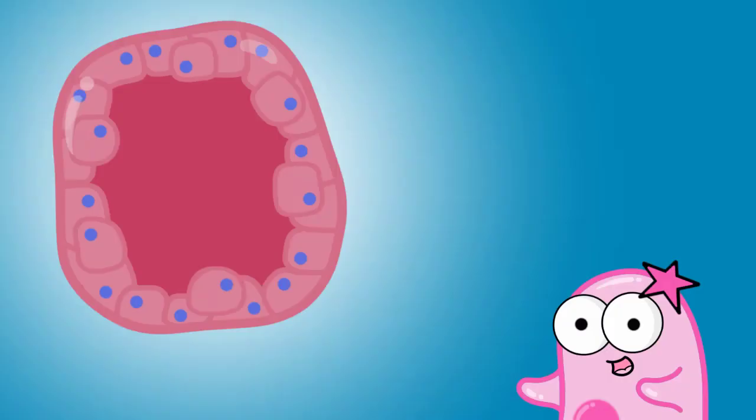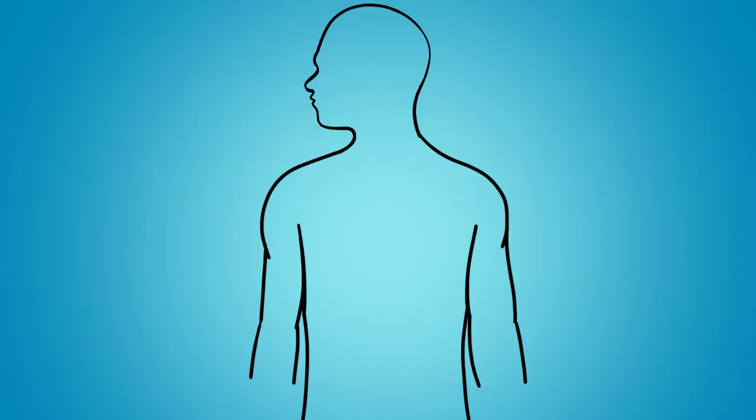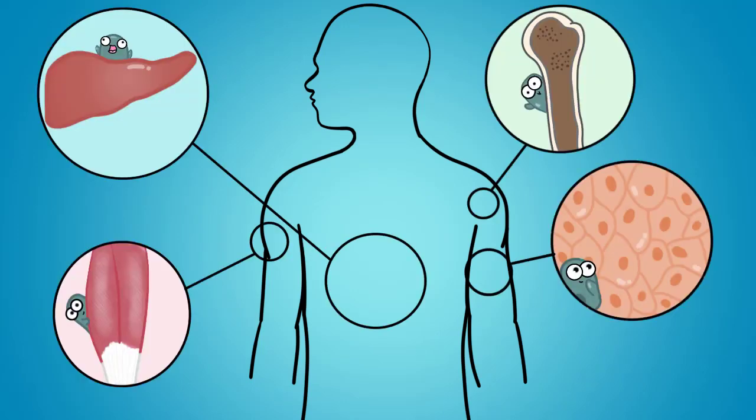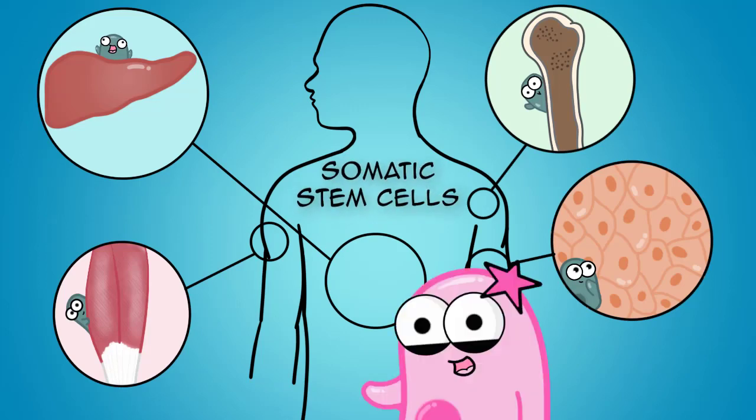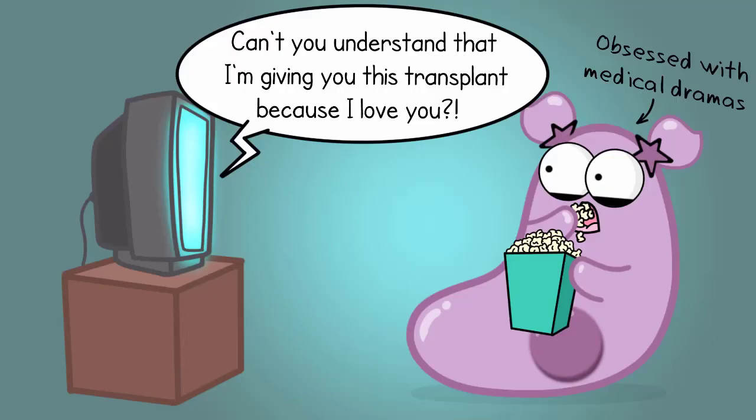So, stem cells are the unspecialized, undifferentiated cells that can become other cells in your body. But not all stem cells are found in a developing embryo. Stem cells can also be found in your body as well, like your muscles, skin, liver, bone marrow, just to name a few. These are often called somatic stem cells. To give some relevance to this, it's likely you've heard of bone marrow transplants before.